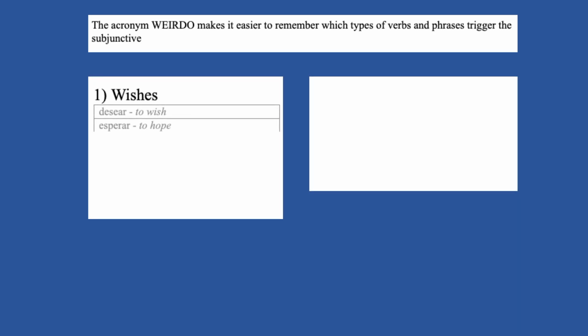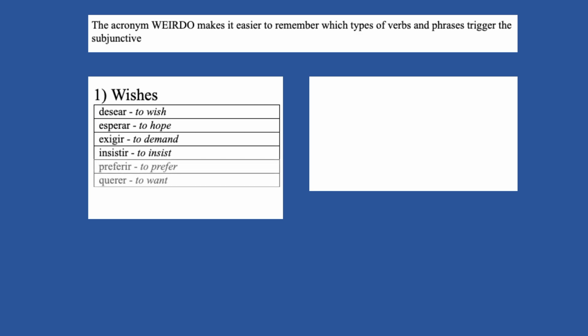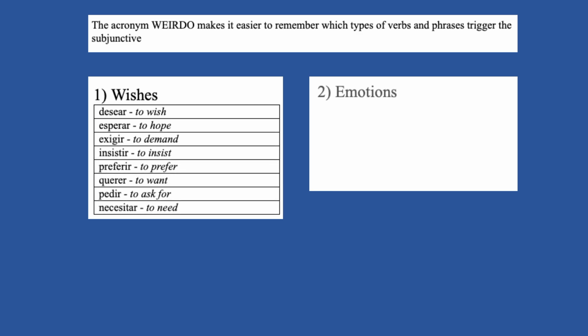Next up is a list of verbs and verb phrases that activate the subjunctive, organized according to category.